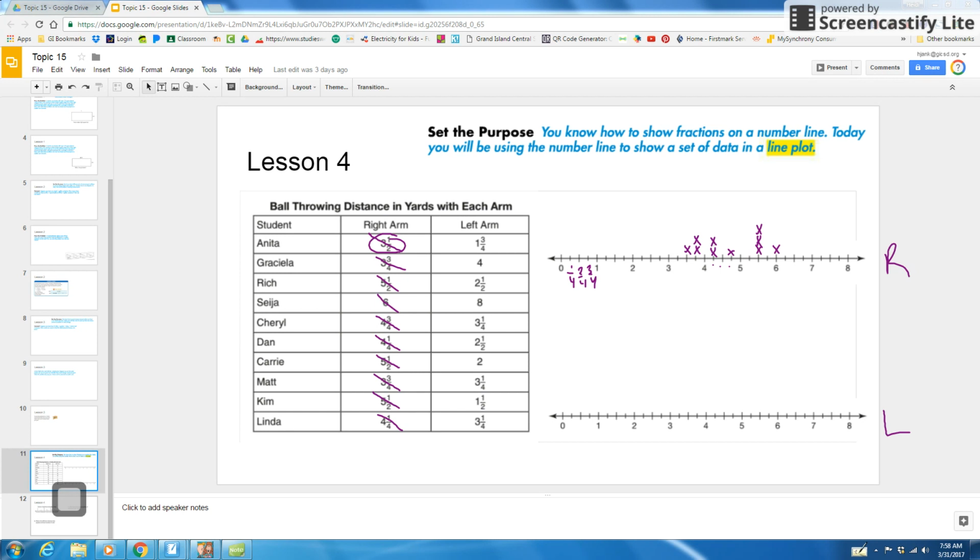So now let's practice with our left arm. So we have 1 3/4. So I'm going to go right there.